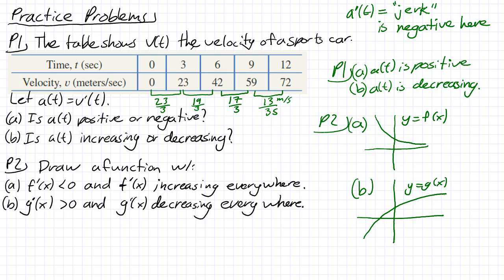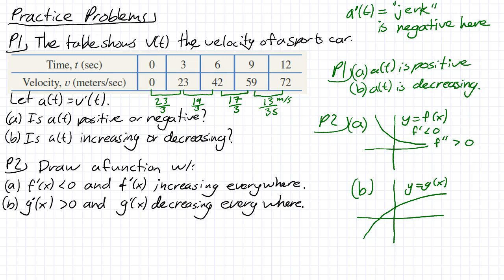Anyways, for problem 2 here, let's draw a function where f prime of x is less than 0. That's this one. We have negative slope at all points, but f prime of x is also increasing. So this one has f prime less than 0, but because f prime is increasing, f double prime is greater than 0.